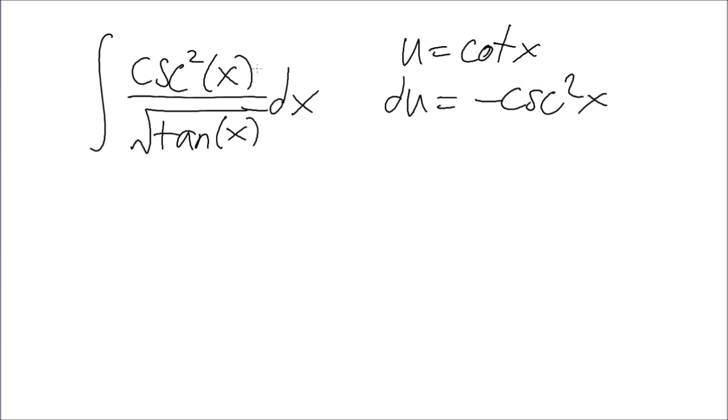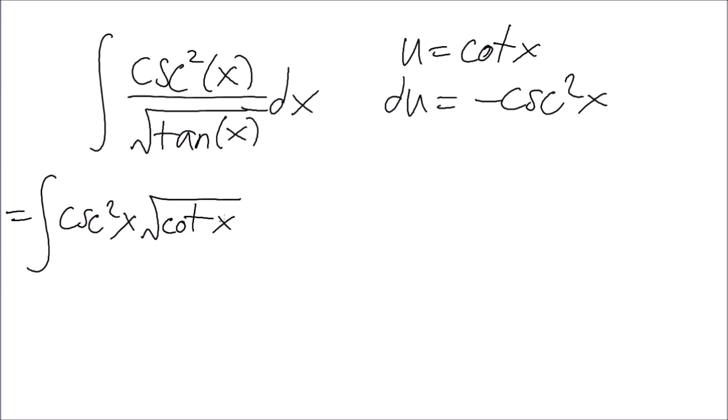Now, where's our cotangent? Well, you have your tangent here. This tangent could become cotangent. So this would equal cosecant square times the square root of cotangent x. We do this so that we can make a good U-substitution to get rid of this with our du.